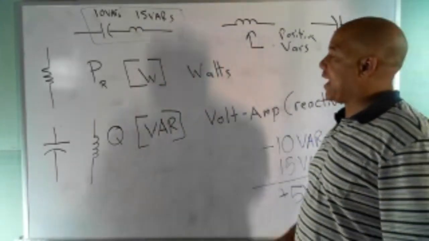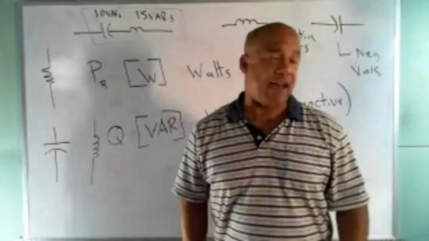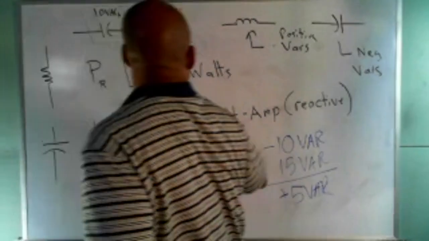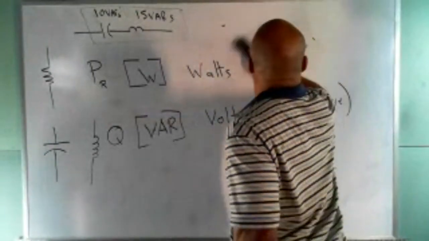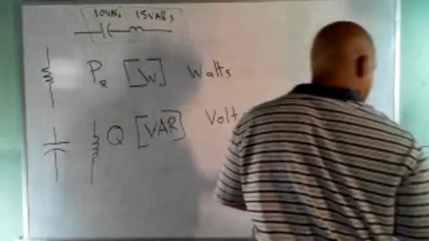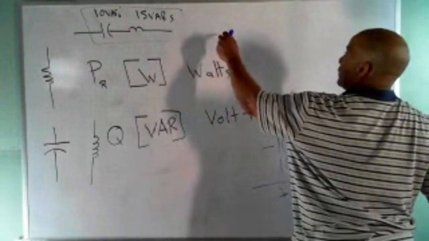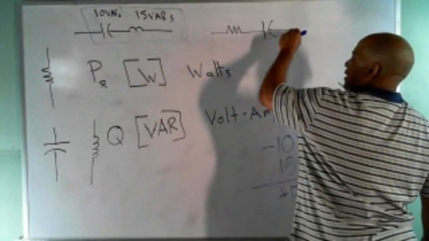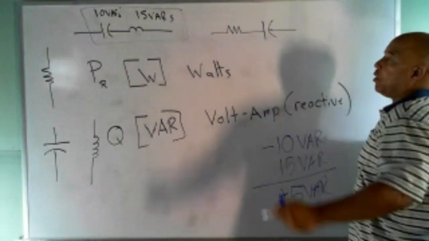Well, what about if I have a combination? If I have resistance and reactance, what do I have then? If I have something like this, I can use a resistor and an inductor, I can put both there.